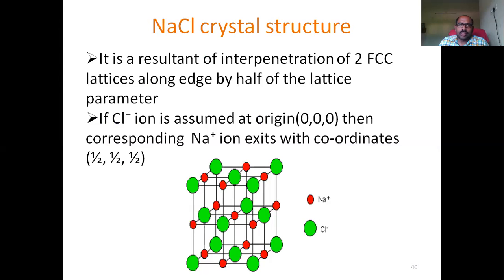NaCl crystal structure is a resultant of interpenetration of two FCC lattices along the edge by half of the lattice parameter, as shown below. So it is the interpenetration of two FCC lattices.